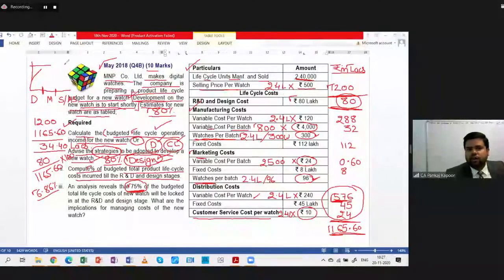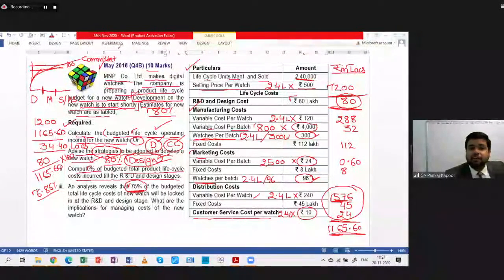If this is your 100% cost, then around 80% of the cost you commit when you finalize the design. Then thereafter, there are very few costs about which you take the decision. The majority of decisions you take here: how the product will look, what raw material you are going to use, what process you are going to use, and so your cost is committed. So this curve which I draw is of the committed cost.